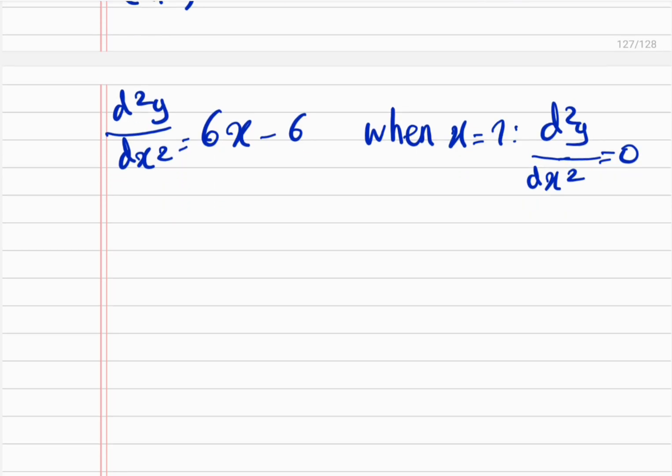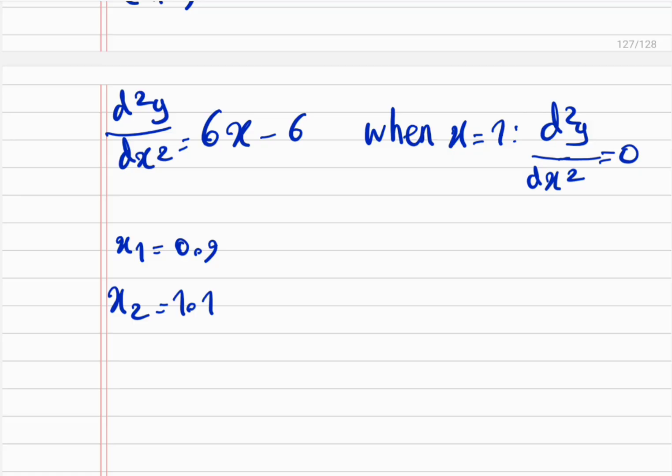One point should be just before 1 and the other one just after 1. So we can take, let's say, x1 as 0.9 and x2 as 1.1. As you can see, these 2 points are very close to 1. And then we check the sign of the second derivative at each of these points.